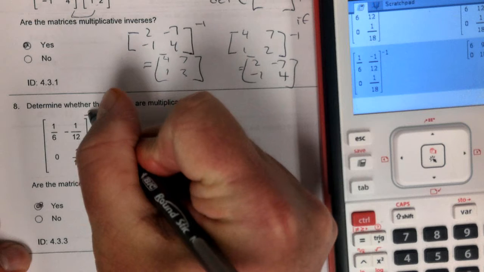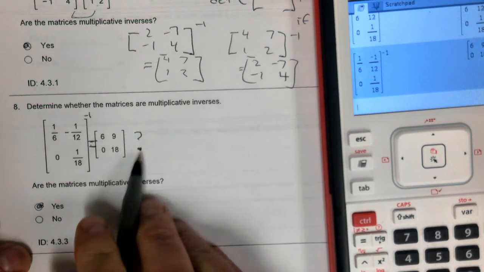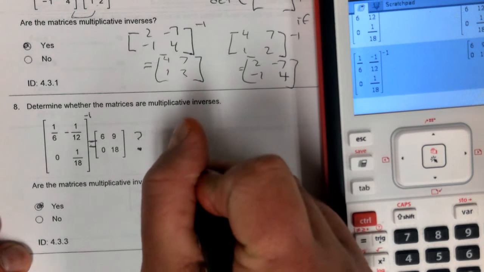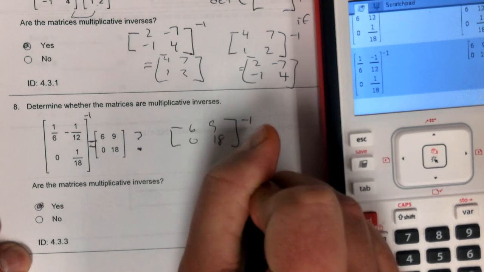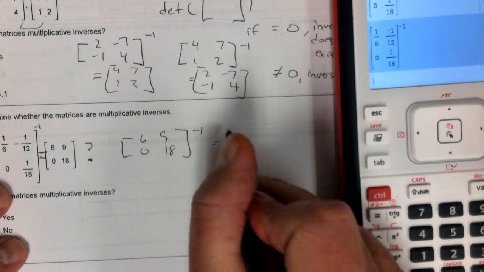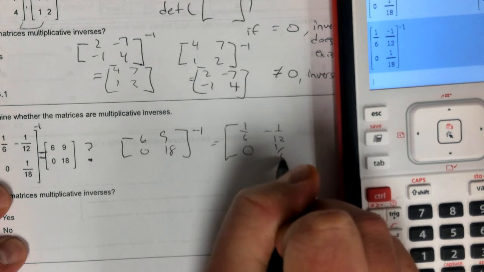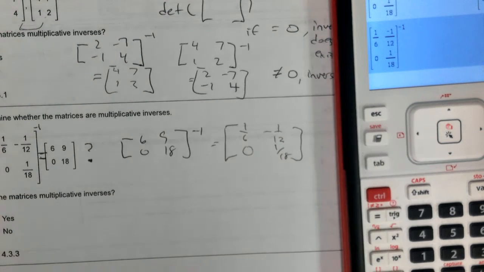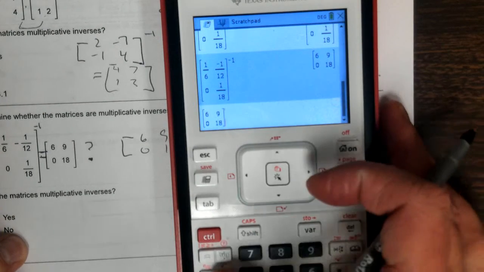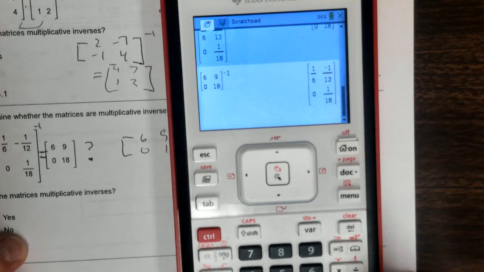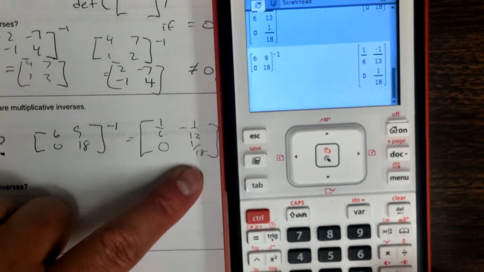If you say -1 this equal this, and then put a question mark, it's yes. And if you do 6, 9, 0, 18, -1 equal the other one, that would be yes also. So again, we can do this, up here in -1, and there you see it. So we did get 1/6, -1/12, 0, 1/18.